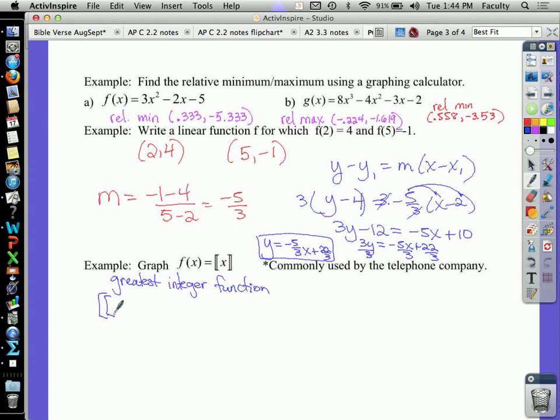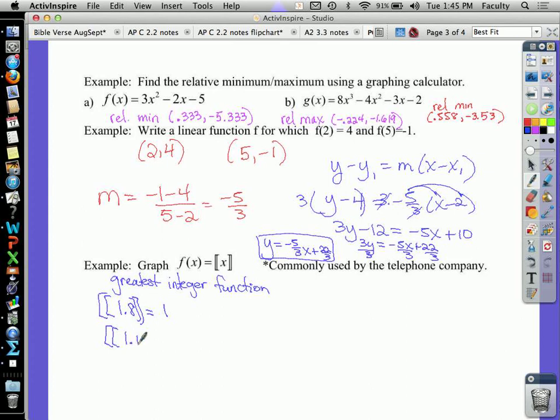So for example, if I put 1.8 inside here, what is the biggest integer that's less than 1.8 or equal to it? And it would be 1. Well, the biggest integer is 1, and it's not a rounding thing.